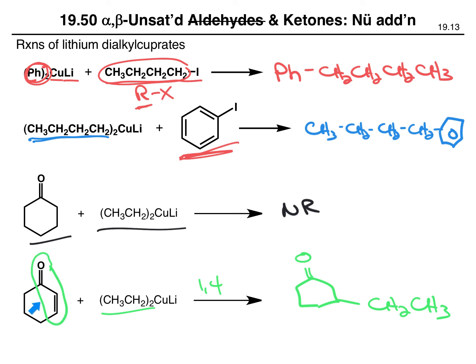If we have an alpha-beta unsaturated ketone and you want to add an alkyl group 1,2, then you would use a Grignard reagent. But if you want to add it 1,4, then you can use a cuprate. So you have a couple different ways to add alkyl groups or aryl groups or vinyl groups. And by selecting the correct organometallic version of a particular group, you can control whether you get the 1,2 product or the 1,4 product.